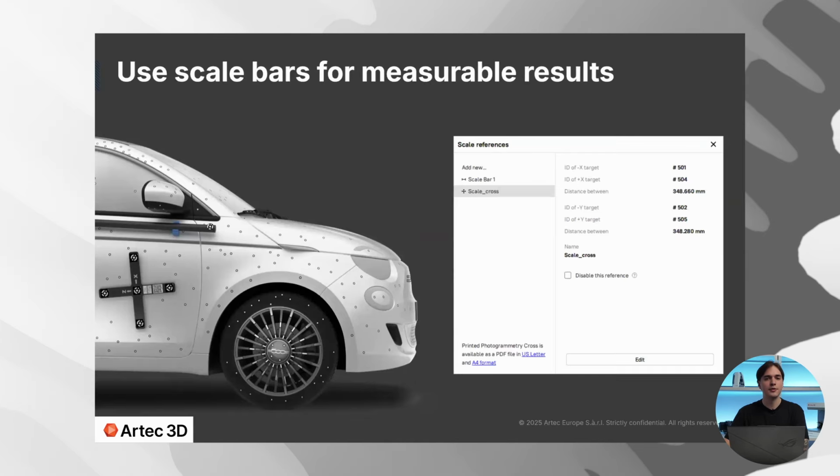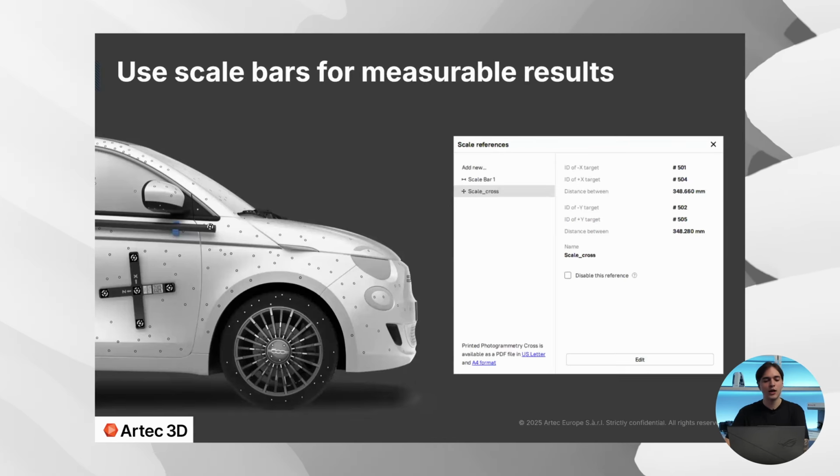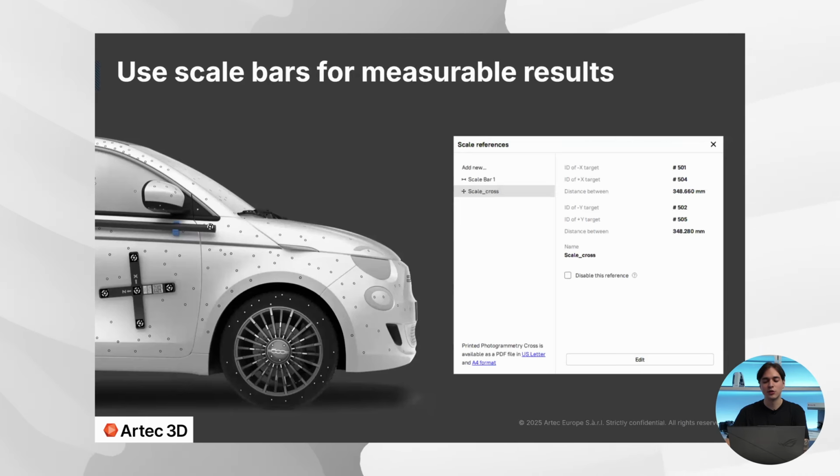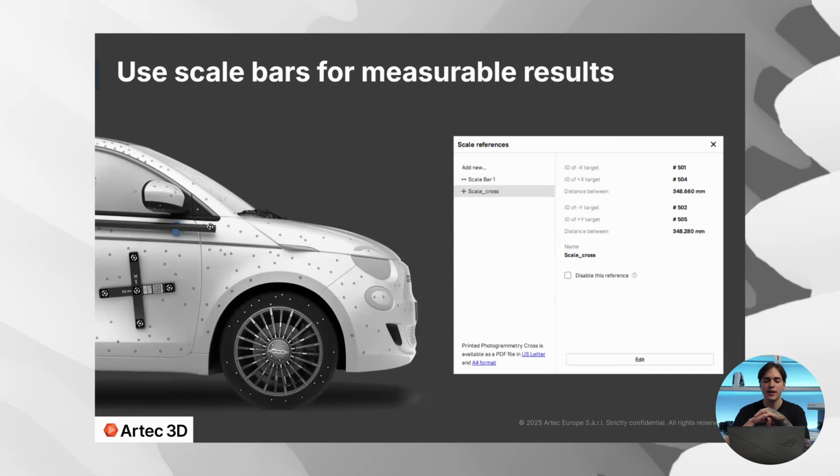Now let's move on to another feature. Artec Studio supports scale bars for measurable results. We also support scale crosses. So you might use metrological scale bars and metrological scale crosses, which have been factory calibrated. All you have to do is go to Artec Studio and add your scale references in this window right here.